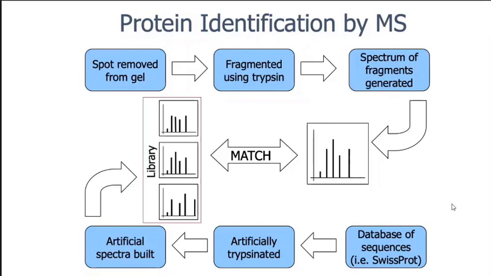This library could be built from artificially trypsinated proteins, which give artificial spectra. These artificial spectra build up a protein library. We can match this protein library to identify the original spot or original protein complex that we separated by gel electrophoresis.